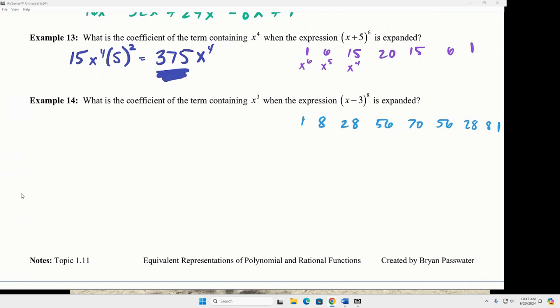All right, now we can count from the front or we can count from the back. So you guys do whichever you need to figure out which one of those coefficients from Pascal's triangle we would use for the x cubed term.